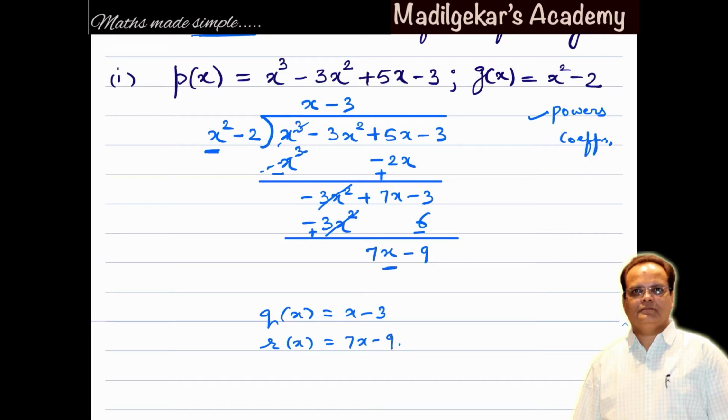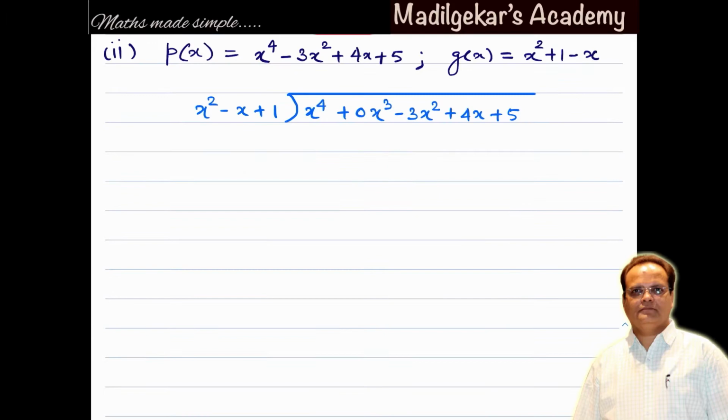Similarly, we can solve the second example. Here the dividend is a polynomial of degree 4, whereas the divisor is a polynomial of degree 2. If you observe, I have written a term of x cube, but with coefficient 0, which was not given in the dividend. So arrange all the terms in the dividend.